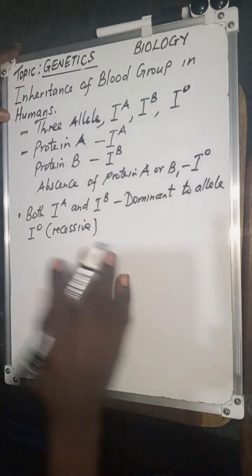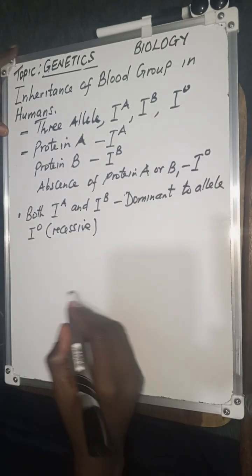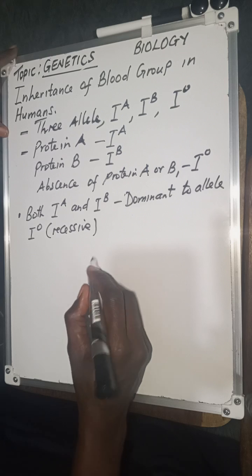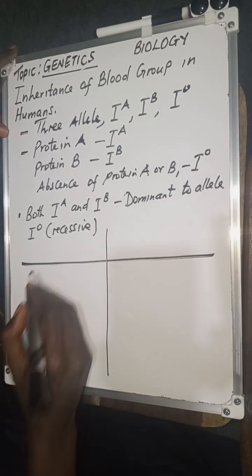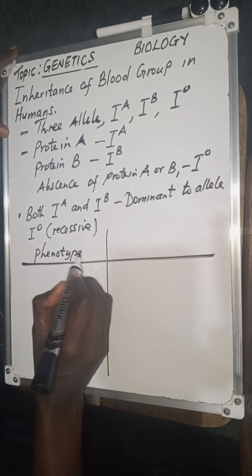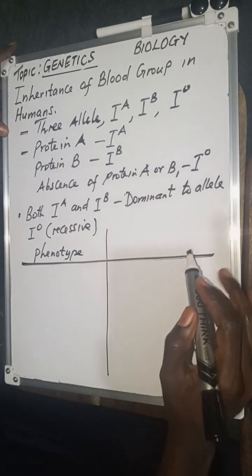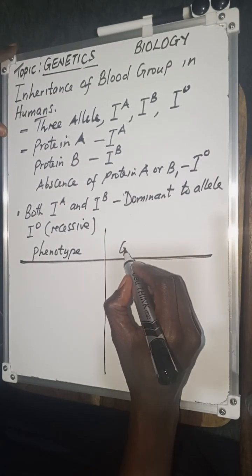Now quickly let me give you the possible genotypes and their corresponding phenotypes that we can have in humans. So I can put up a table there so that we can quickly have that. This side I'll talk about the phenotype. Remember, the phenotype is simply the physical appearance of an organism for a particular trait or characteristic.